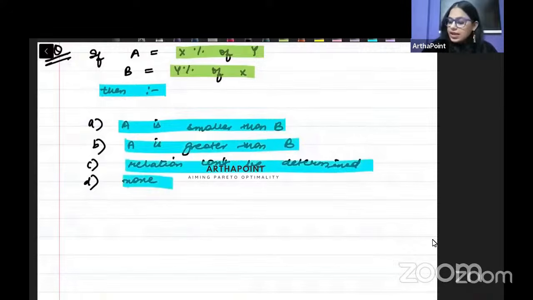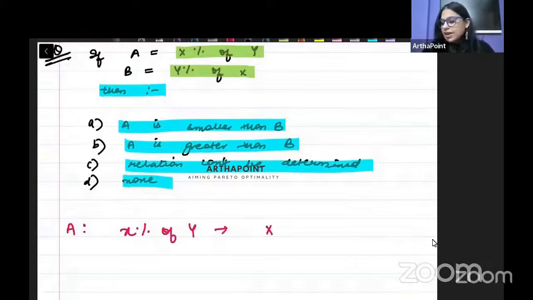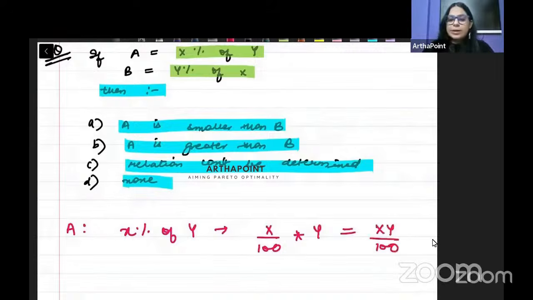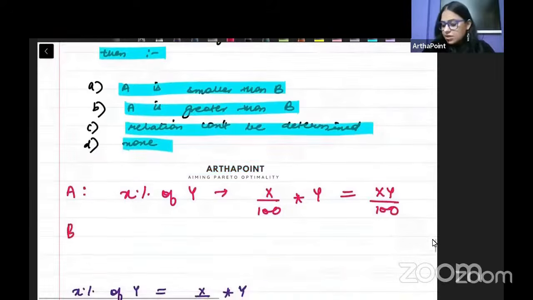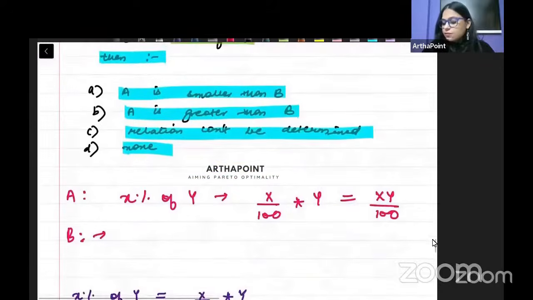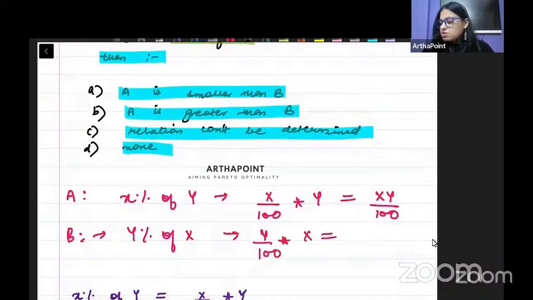Dekho, A is defined as x% of y. So it will be x% of y, so xy by 100. That is A. But B is defined as y% of x. So y by 100 into x. So it will also be xy by 100.